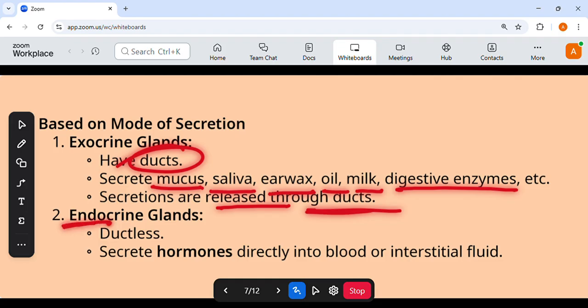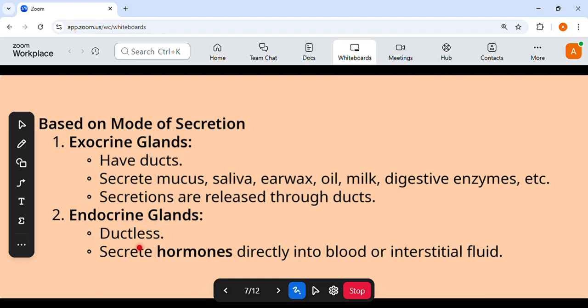Then we have endocrine glands, which are ductless, meaning they pour the secretion directly into the blood. They secrete hormones directly into the blood or interstitial fluid, like hypothalamus, pituitary, thyroid, adrenal gland. All this comes under endocrine.